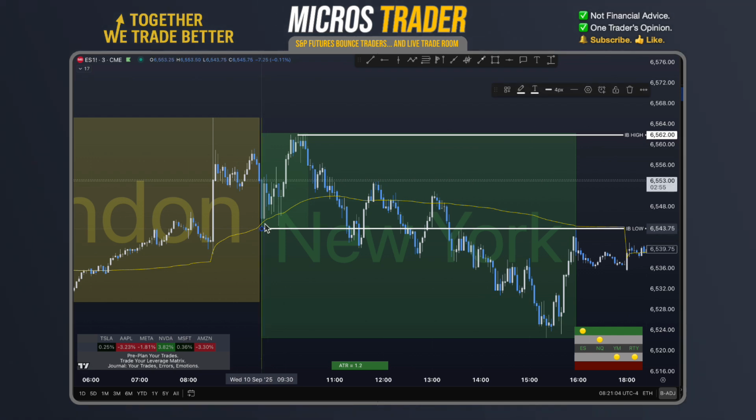Some of the rules surrounding that: I love when it races to the opposite end, because typically that's going to give me a trap-the-trader-long move back into the range. And if price comes back into the IB range, I'm typically not going to counter that move. I want to go with the move.